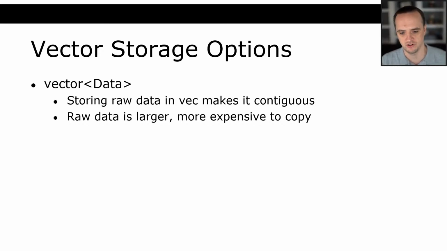Let's say we have a kilobyte of data in our vector, just for an example. Storing the raw data in our vector makes it contiguous. That's good, but raw data is larger, which is more expensive to copy, which is bad.